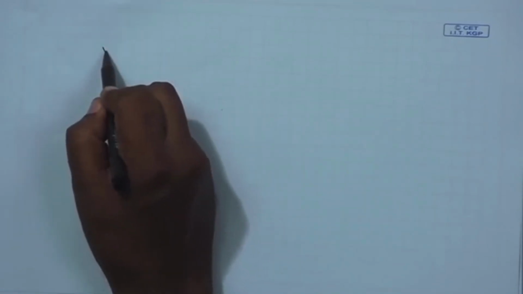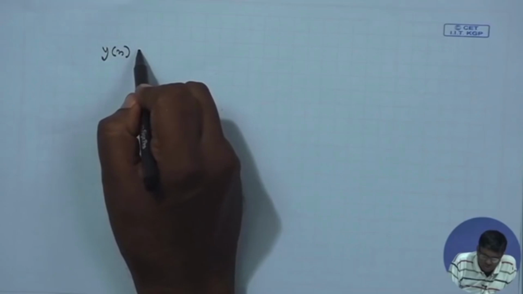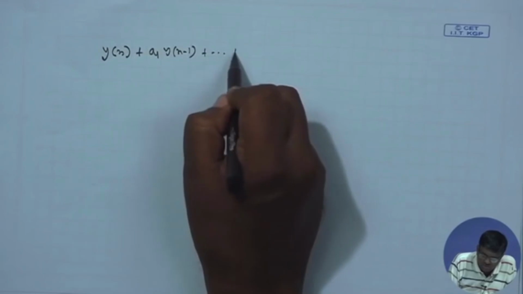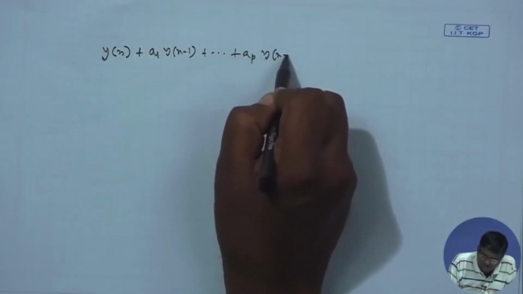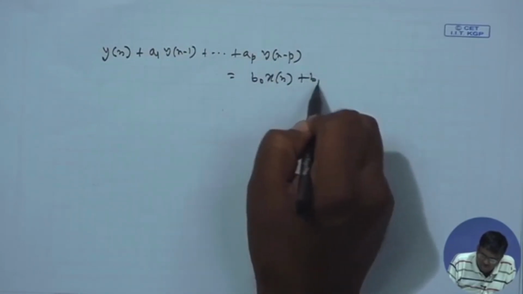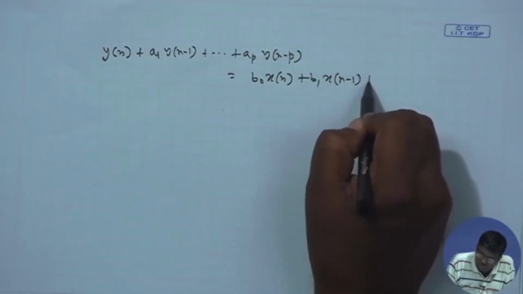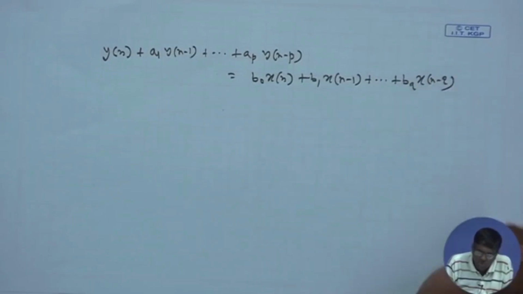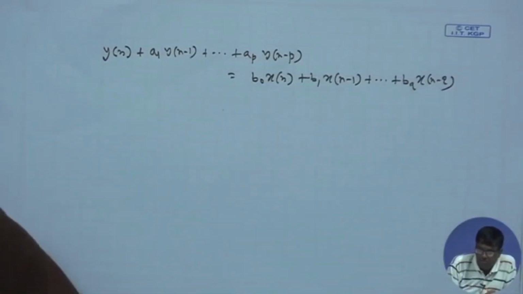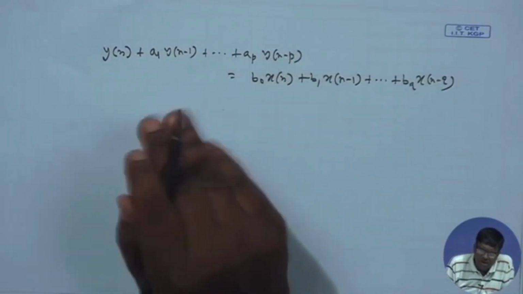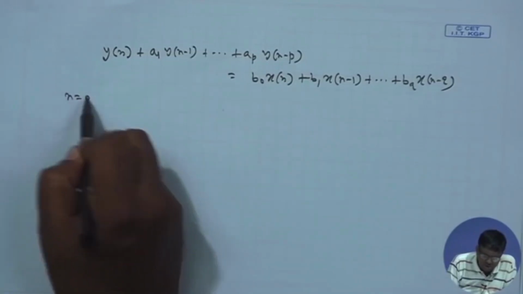So, I rewrite again, our equation is, okay, this is the equation I am just rewriting, and let us assume that the system is switched on at a particular time, say n equal to 0.